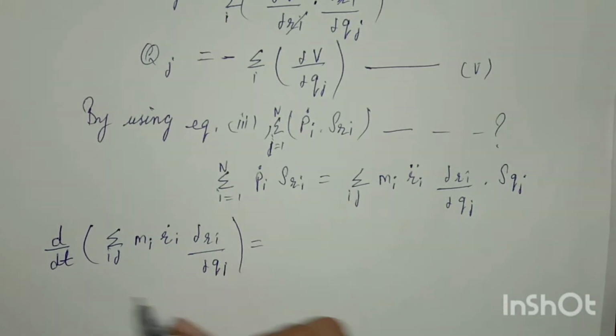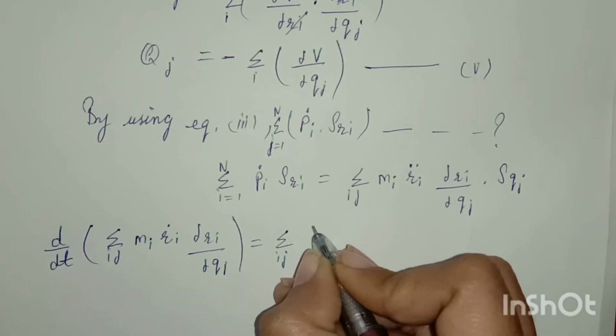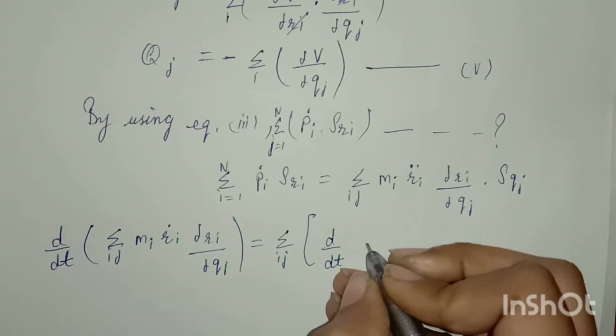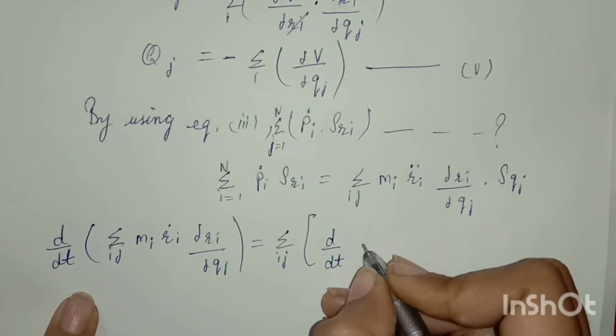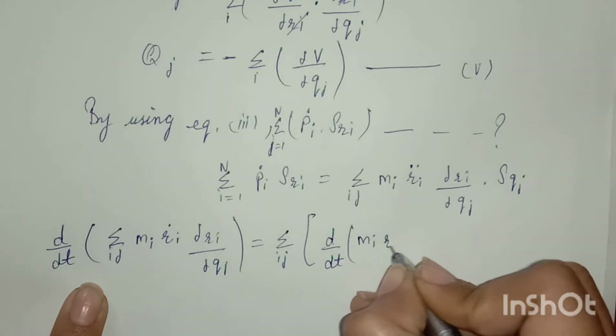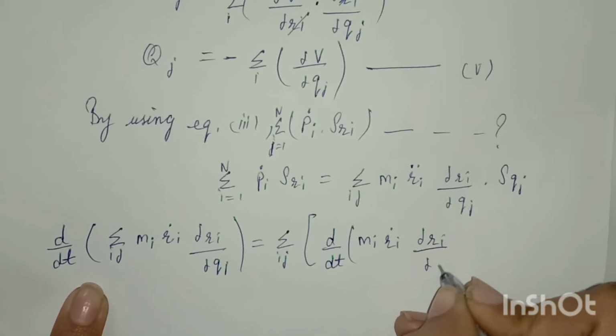So we can take out summation from this bracket. Then we can write d upon dt of mi Ri dot ∂Ri upon ∂Qj.